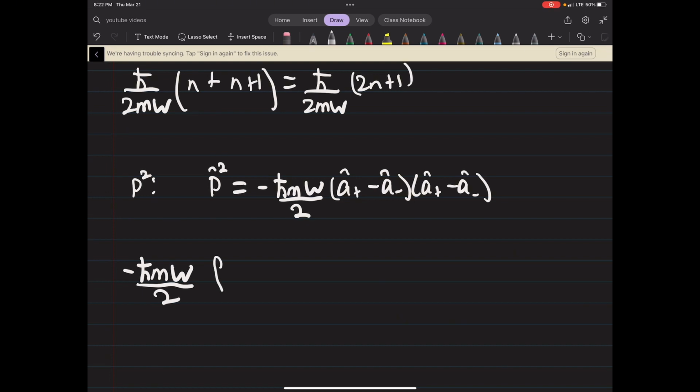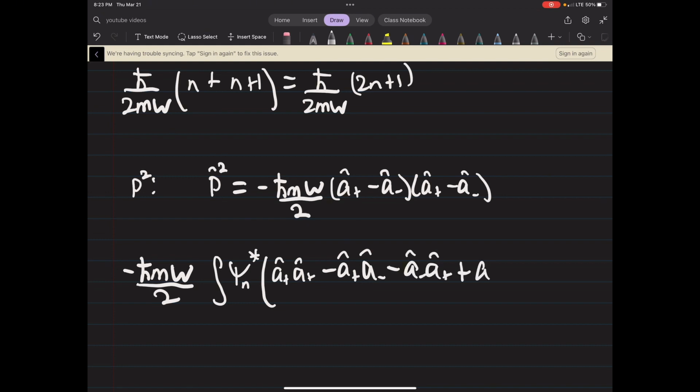and the integral of psi n complex conjugated, and it's going to be pretty much the same thing. So we have the plus and then minus, just distributing our operators, a plus minus a minus squared, psi sub n dx.